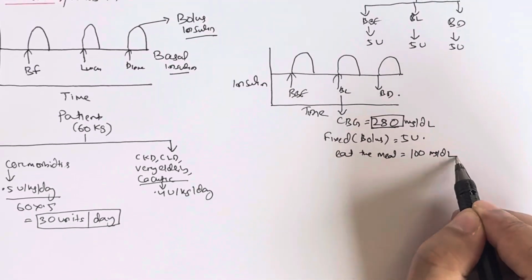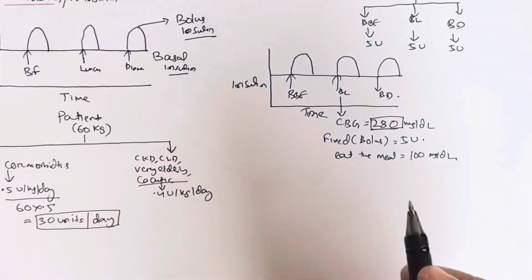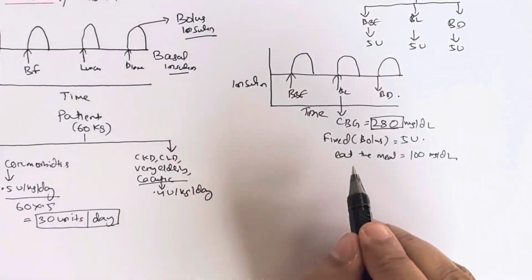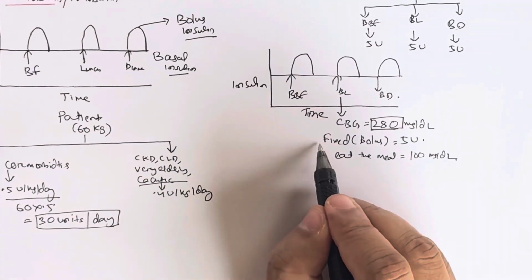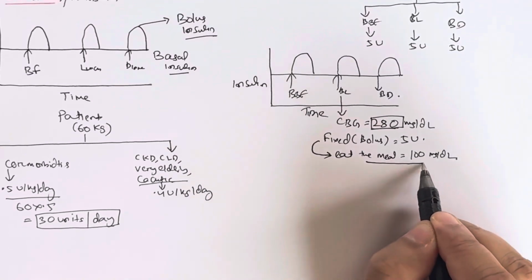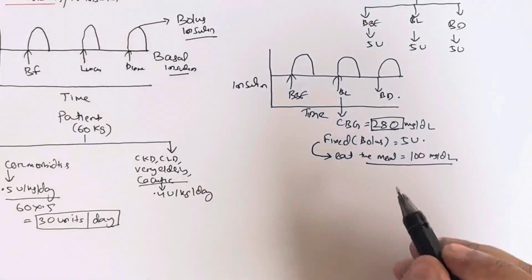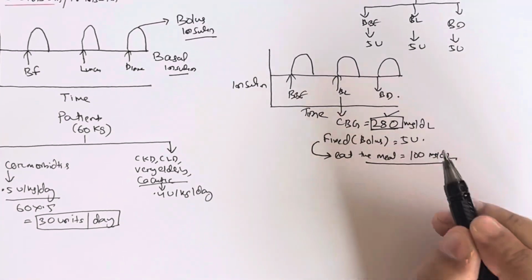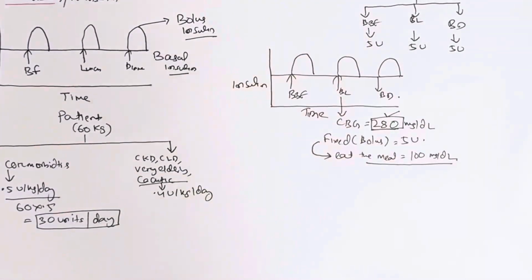Now see here, this fixed bolus we gave before eating is to cover for the hyperglycemia that is happening after we eat the meal. But what about the already heightened level of blood sugar in the blood? Who will cover for that?